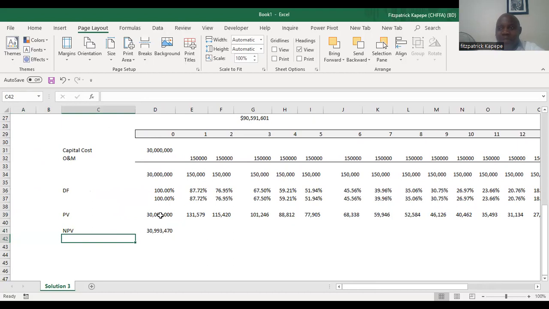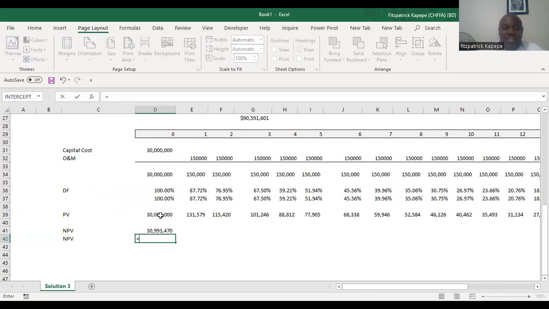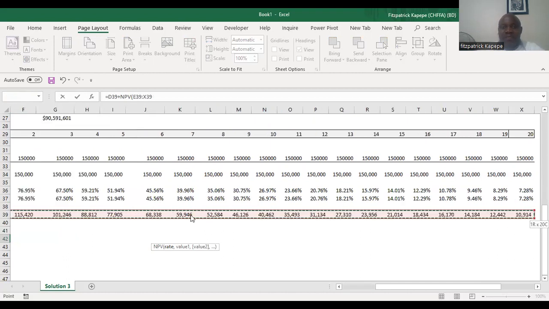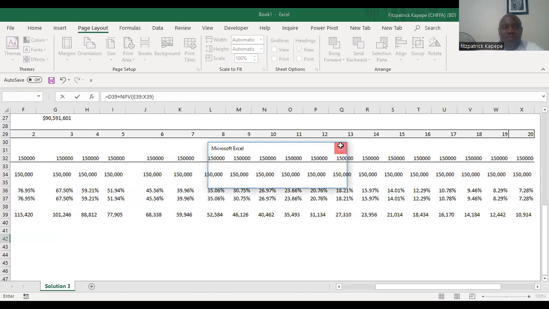But if I was using a function, the NPV function, I'll just say equals, I'll pick this 30 plus, then NPV, and then pick from here. It should give me the same.